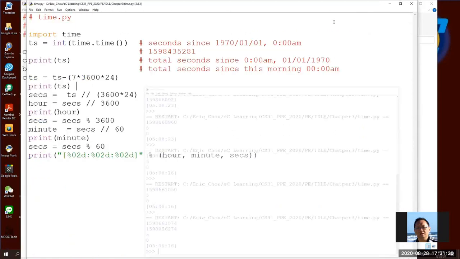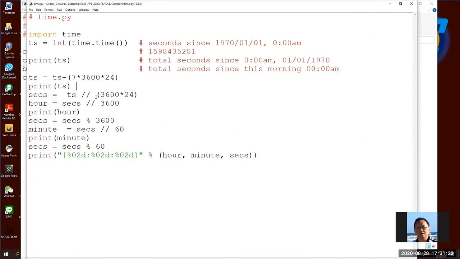And how come it's still 5? Let me see. The timestamp, the hour would be the seconds divided by. Oh, this one is division. Okay, this one is division, not take modular. No, this one is division, integer division. Yes.